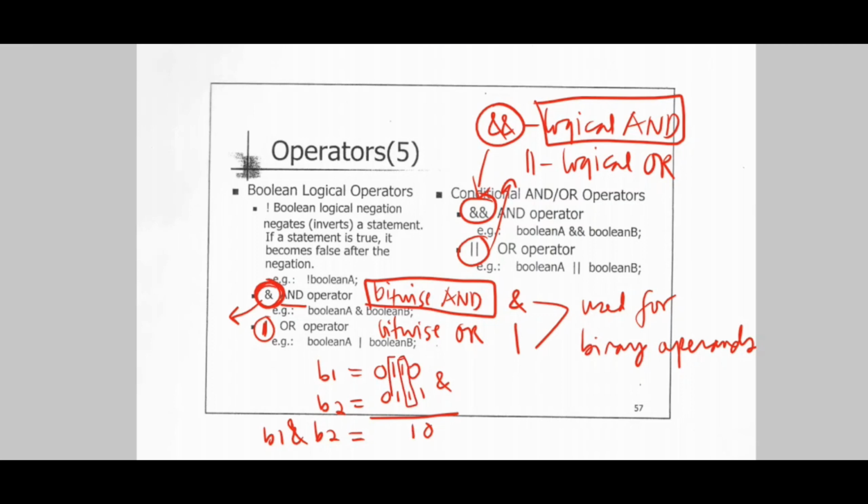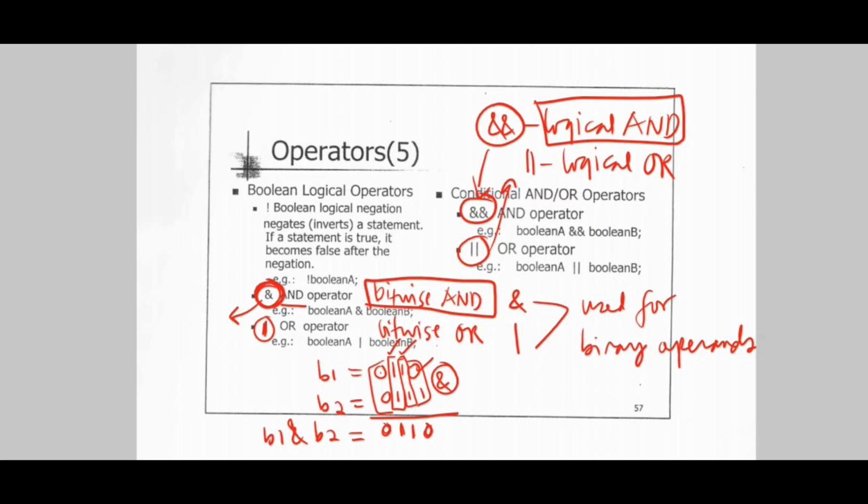For this 1 and 1, it gives you 1. 0 and 0 is 0. So the AND operator will result in 0 if at least one operand is 0, and it will only result in 1 if all the operands are 1, like in the case of these. For this one it is 0, and for this one it is 0, because there is at least one operand which is 0.